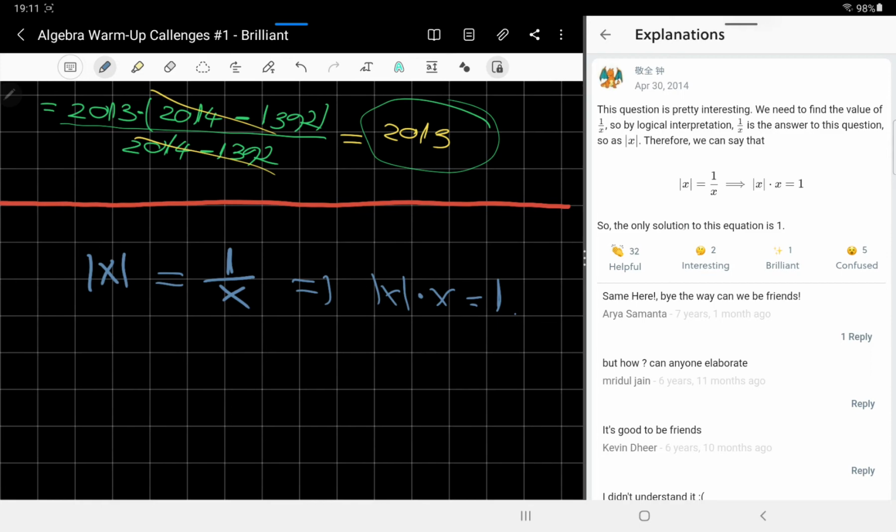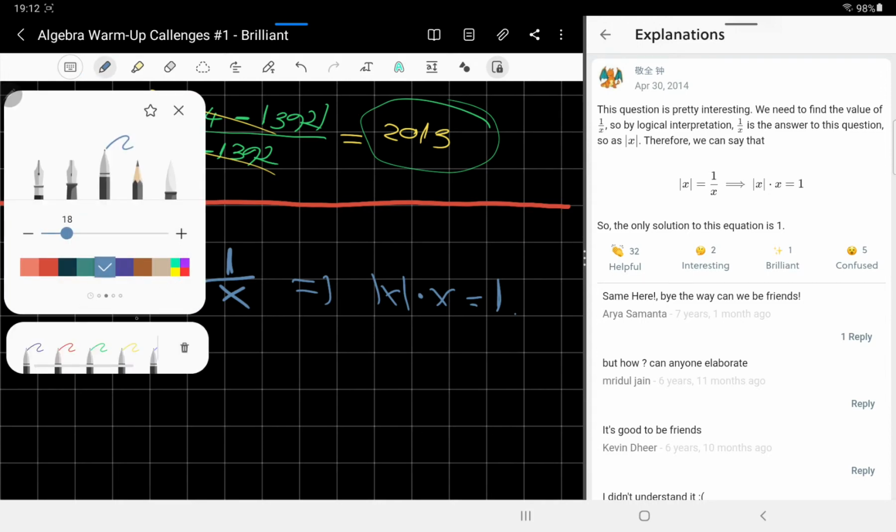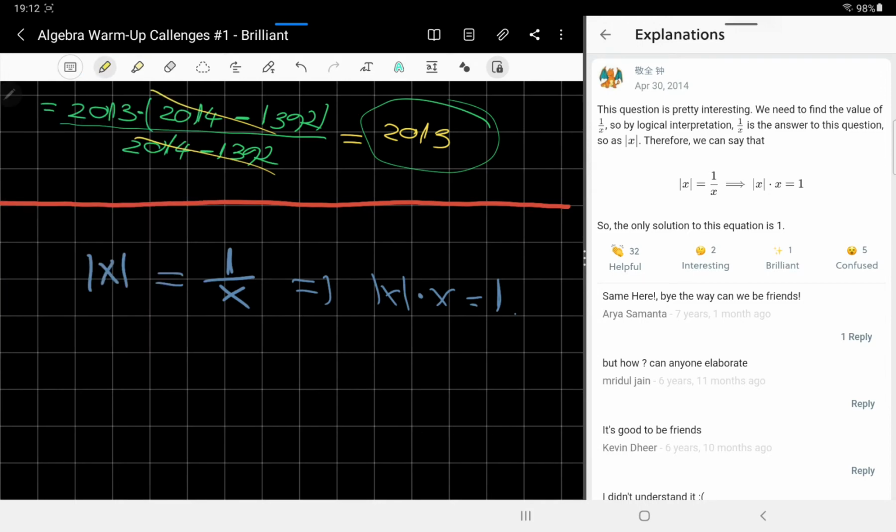So the fellow here says that the only solution to this equation is 1. Yeah, and he's right actually, because, for example, if we take x as being 1, you have modulo 1 times 1 equals 1, and that's true.